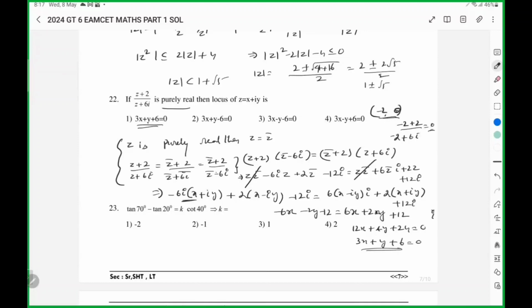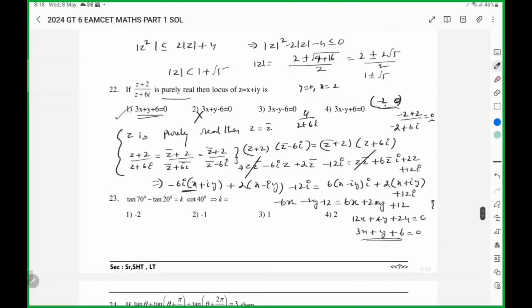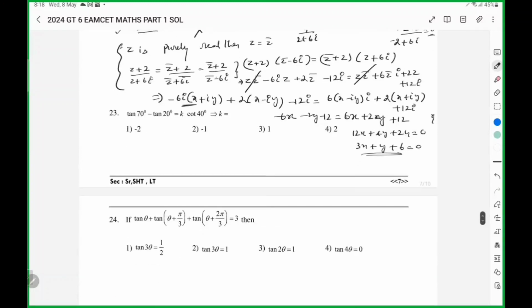It's purely real. Right? So first option, or that is the answer or not: put y as 0 here, x as 2. Then here you have 2 plus 2, 4 by 2 plus 6i. So it is not purely imaginary, you can remove it. So that way, take the point and substitute. Within no time you can answer it.